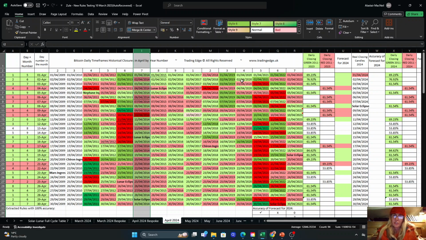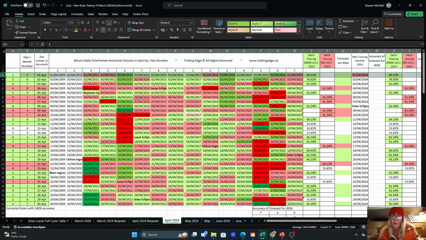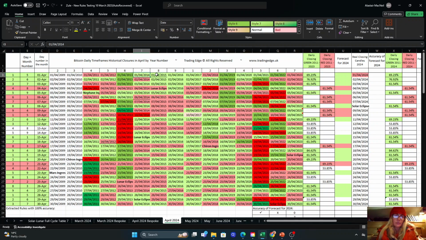All of that has been checked several times, and from there on I have no more intervention in predicting what will happen. What I have done then is calculate the number of green candles on the 1st of April.